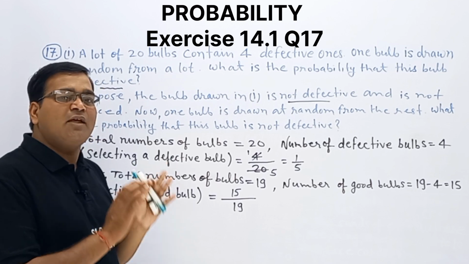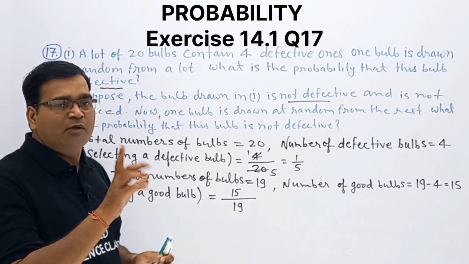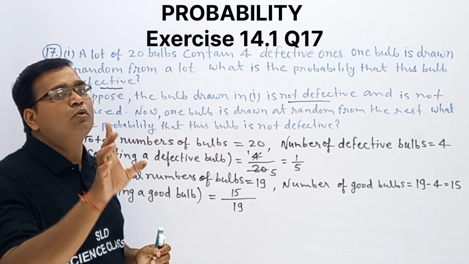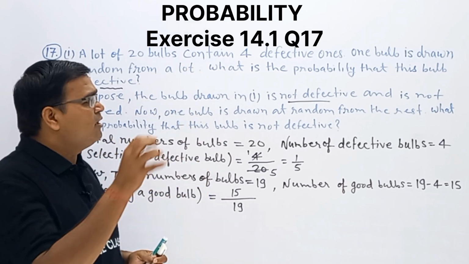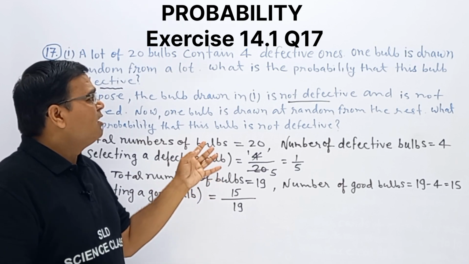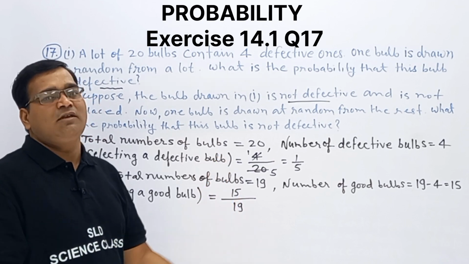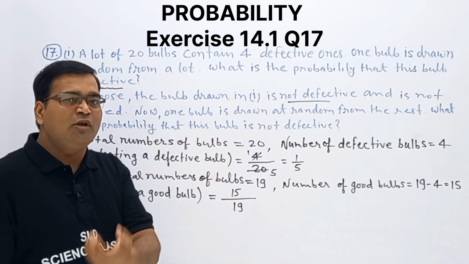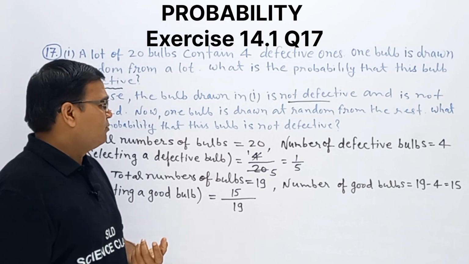Second case also we are having 4 defective bulbs, but whatever we drawn in the first one, that one is a good bulb and we are putting aside. We are not including again in a lot. It means once we drawn a bulb, put aside, remaining bulbs in a lot will be what? 19. It means 4 defective plus 15 good ones, not defective.